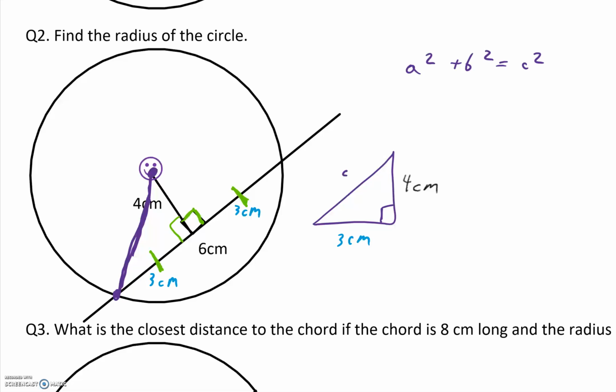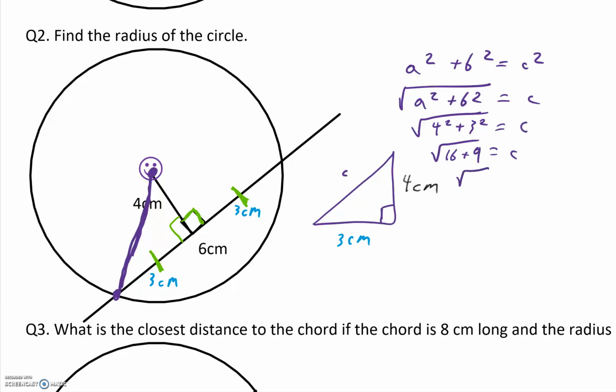So here we've got this so far, and let's square root both sides. So now we square root a squared plus b squared equals c. And now if we plug our answers in, square root of 4 squared plus 3 squared equals c, which would be the square root of 16 plus 9 equals c, and square root of 25 equals c, and so 5 equals c.